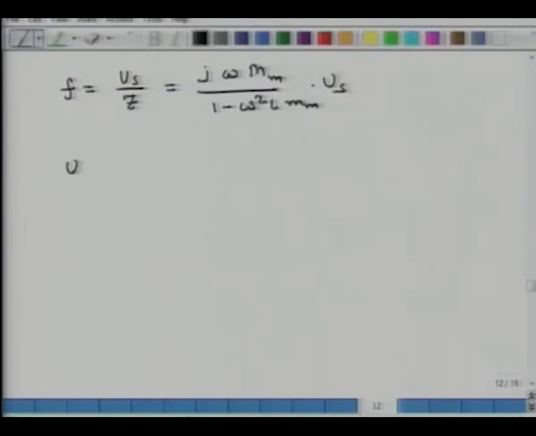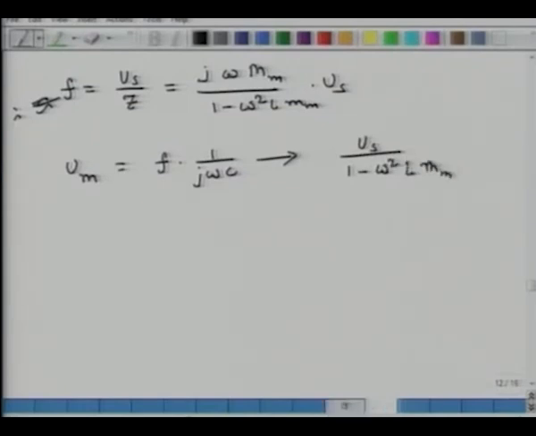So my velocity across the mass is, this is current, force, right? This is equivalent to current. So it is force times the impedance of the capacitor, so 1 over j omega C. So this gives me Us over 1 minus omega square L mm.